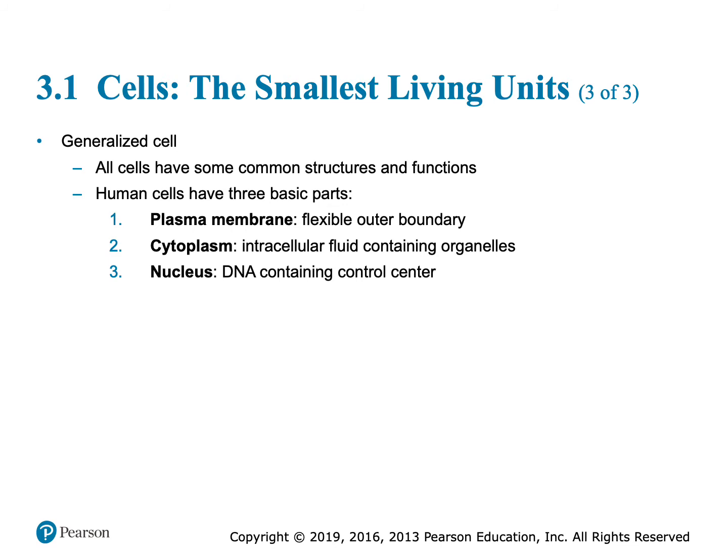Then somewhere very, very protected with a double layer of the same thing that the plasma membrane is made of. So the plasma membrane is made of a phospholipid bilayer. Somewhere inside that cell, there is a very protected DNA center. It's got 2 layers of that phospholipid bilayer.